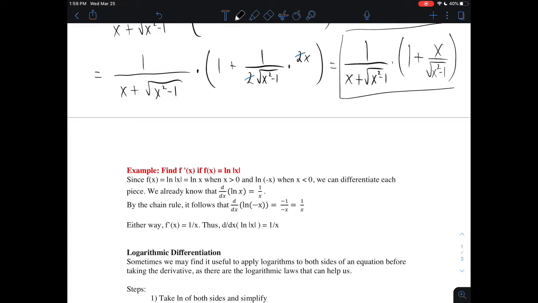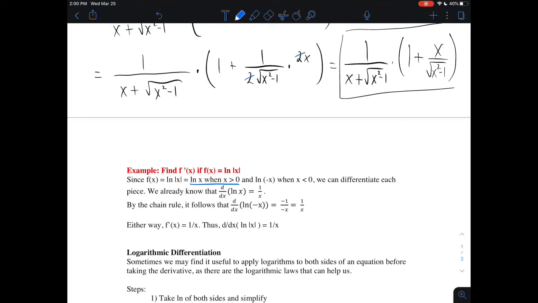So first of all, we're going to use just a fact about absolute value that we've seen. Since f of x equal to the natural log of the absolute value of x is really equal to the natural log of x when x is positive, meaning x is greater than 0, and also that function is the same thing as the natural log of negative x when x is less than 0, we can differentiate each of those pieces.